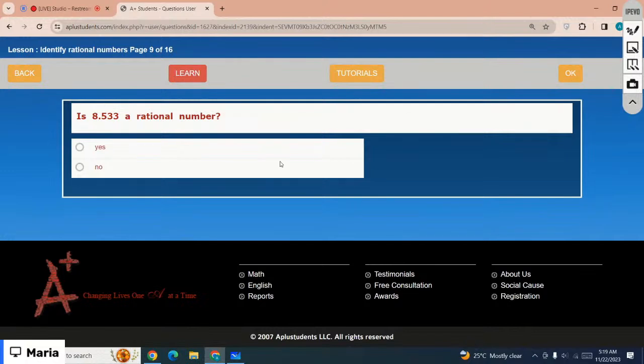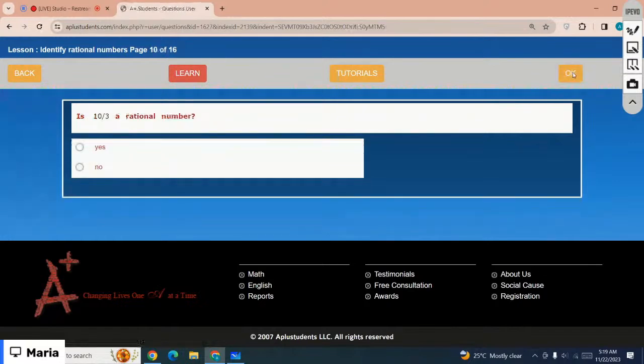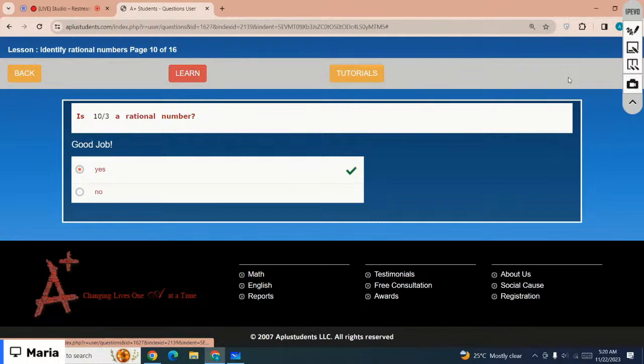The correct option is yes, it is a rational number.